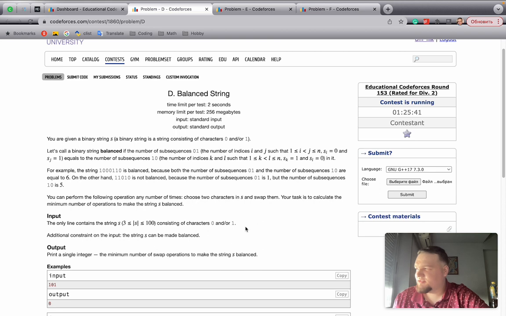I need to store, if I go left to right and just build the string, the number of zeros on the prefix and the number of ones on the prefix, that fixes the length of the prefix, and also the balance between the number of subsequences 0, 1 minus the number of subsequences 1, 0.